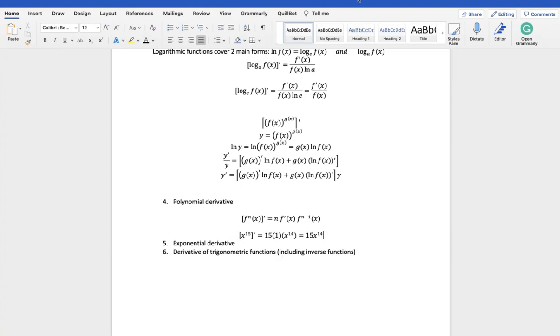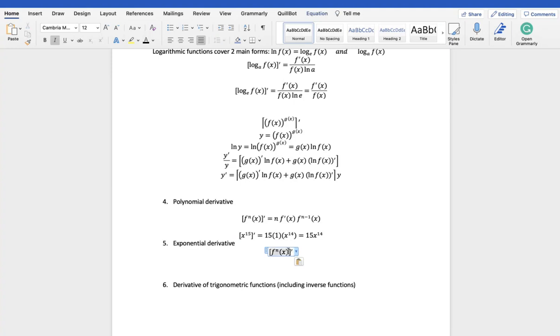Next, we look at the exponential functions now and how you find their derivatives. So for the exponential function, we also have a general rule.